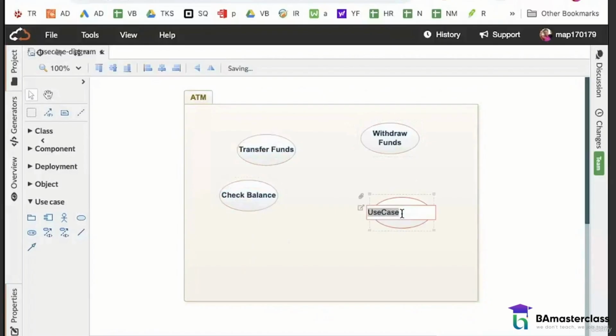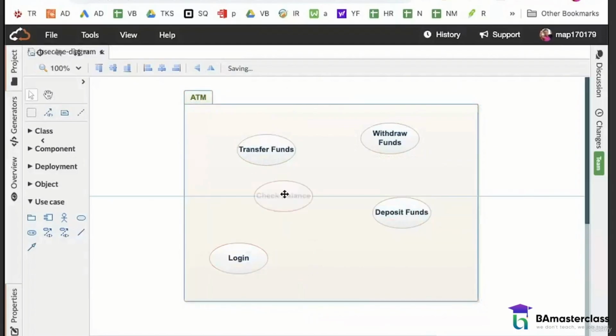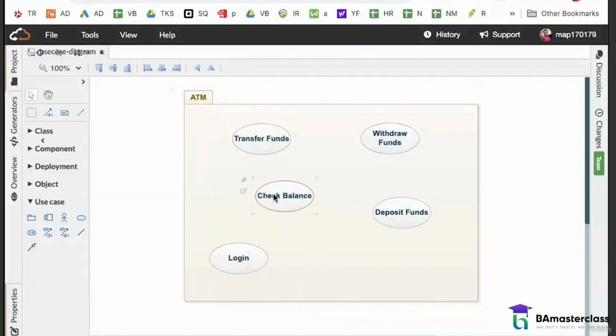Check balance and view account are almost the same. Some of the use cases. Why have I kept my use cases inside the boundary? My boundary represents the system for which I'm creating the diagram. My use cases are always a part of the system, always inside the system. So I always create my use cases inside the system.